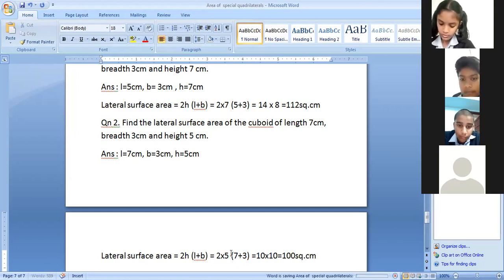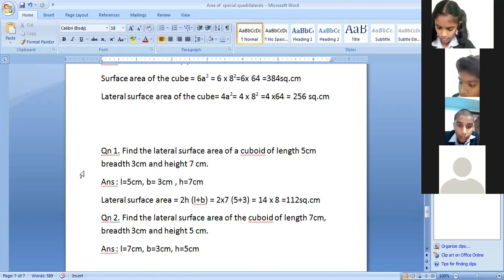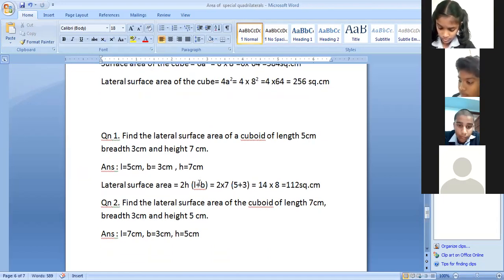Okay. So if we interchange the length of the base and height of a cuboid, we will get another cuboid, right? First question, length 5 centimeter, height 7 centimeter. In the second question, I have interchanged that. I made length 7 centimeter and height 5 centimeter.